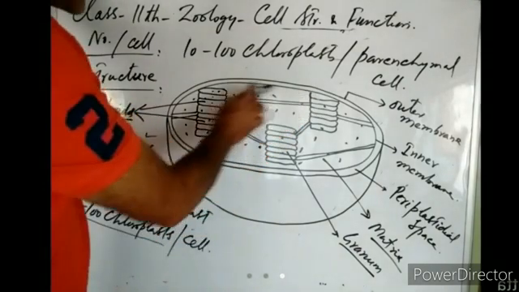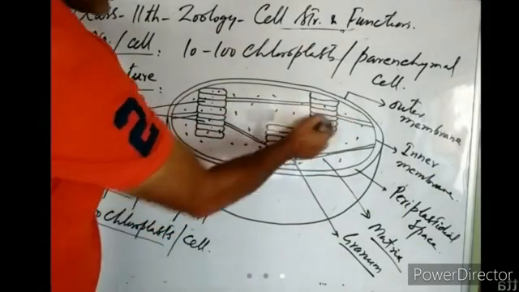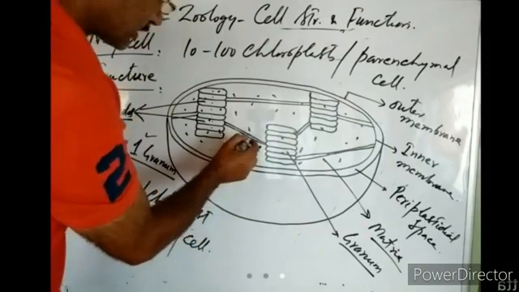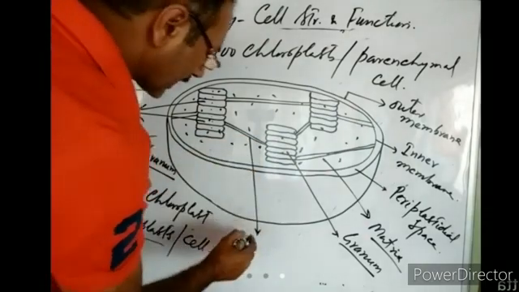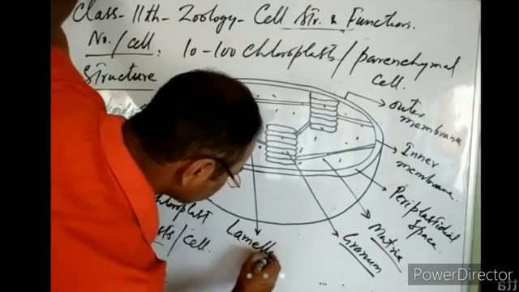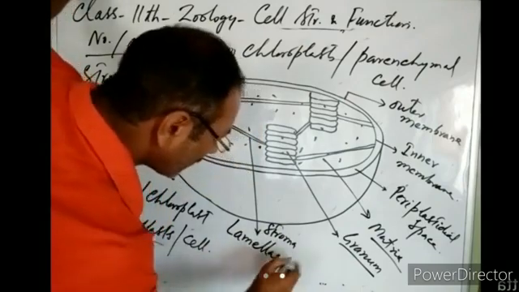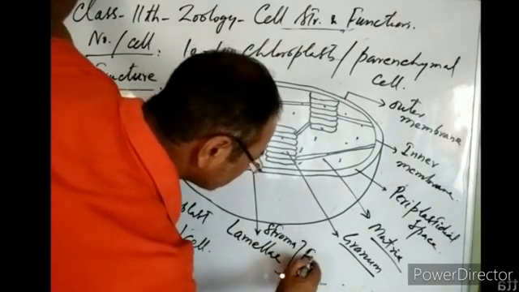These grana, you can see in the diagram, they are interlinked by membranes. These membranes which interlink the grana are known as lamellae, or sometimes we also call them stroma lamellae, or frets.